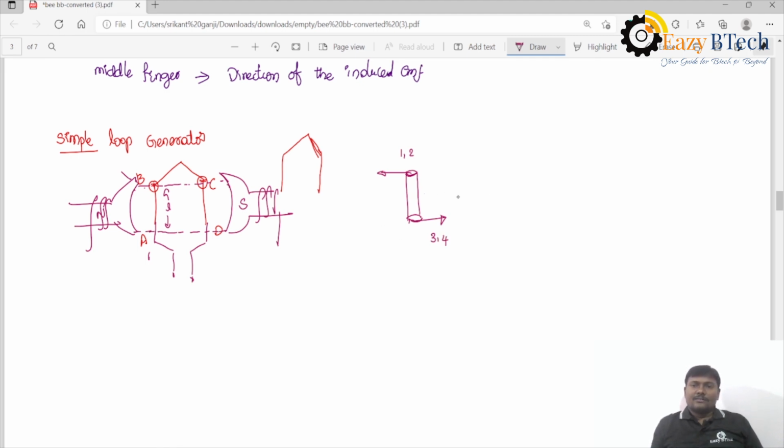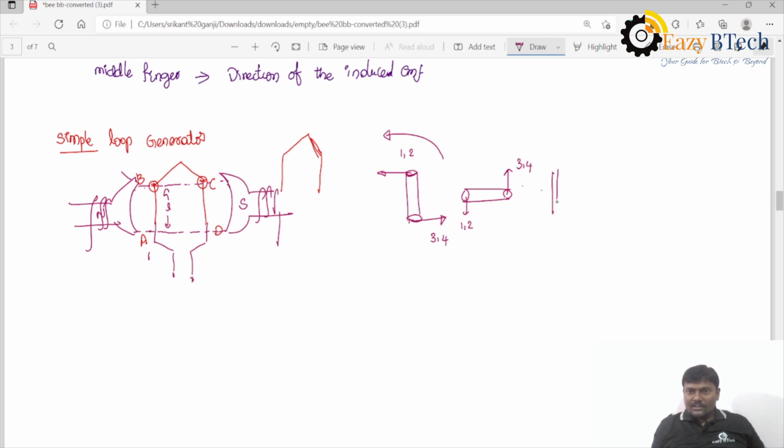So after quarter rotation, this is 1 comma 2, and this one is 3 comma 4. After quarter rotation, this will be rotating in an anti-clockwise direction.